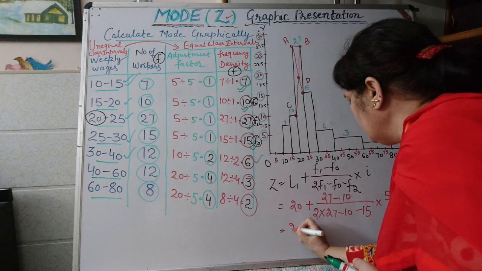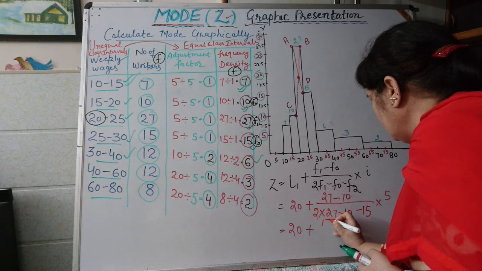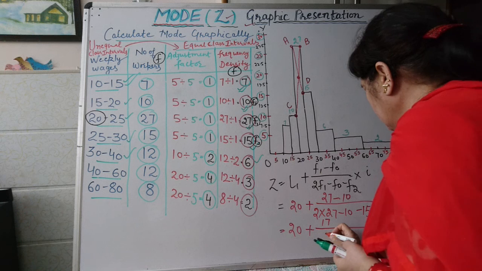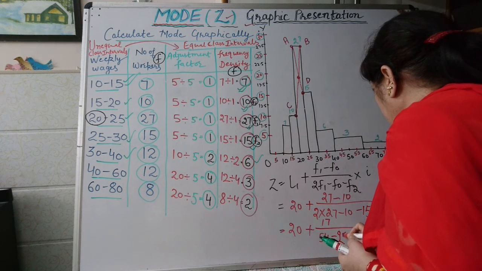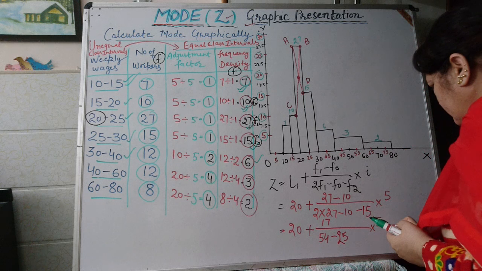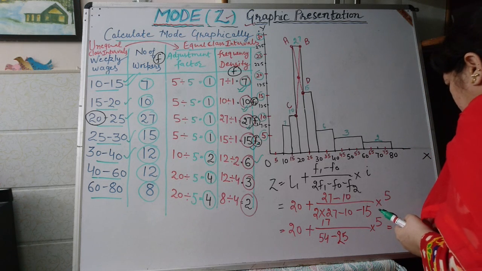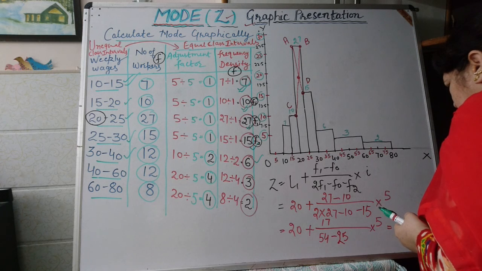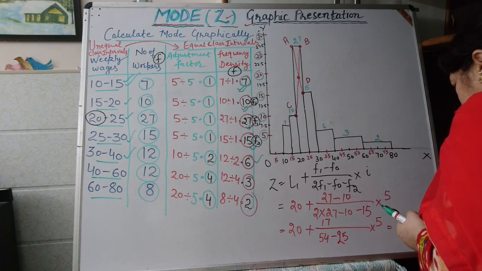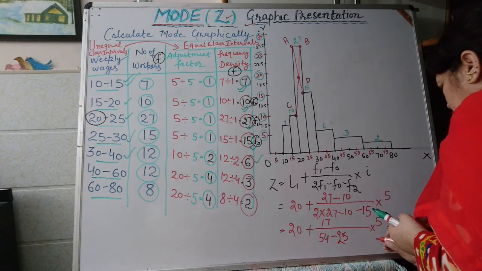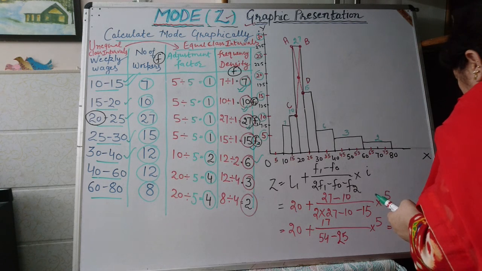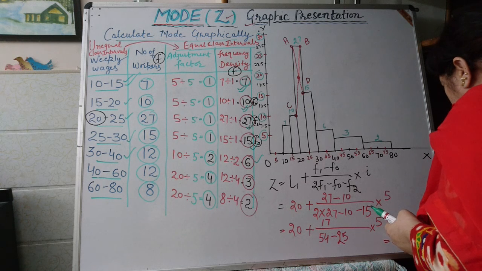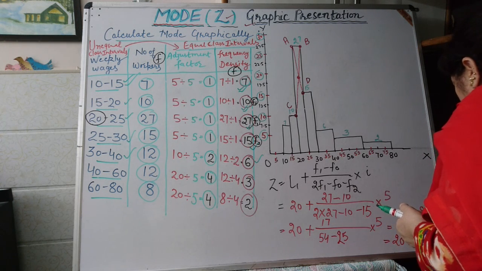Is equal to 20 plus 17 divided by 54 minus 10 minus 15, that is 29, multiplied by 5, is equal to 20 plus 85 divided by 29, is equal to 20 plus 2.9.